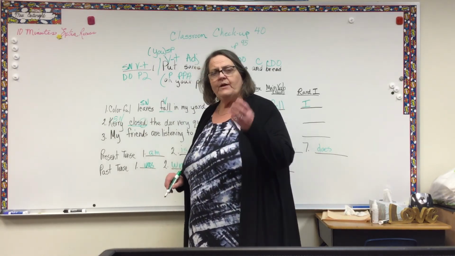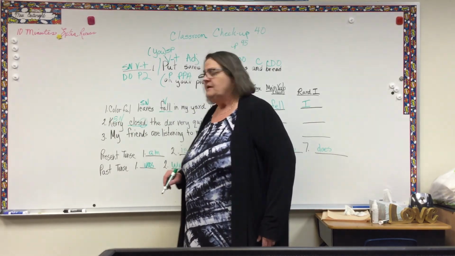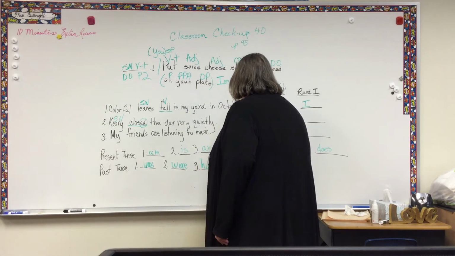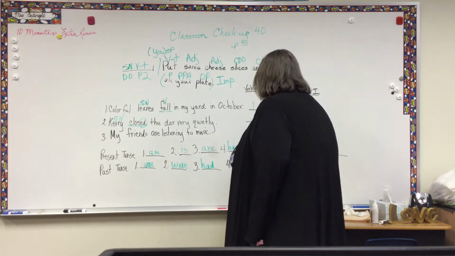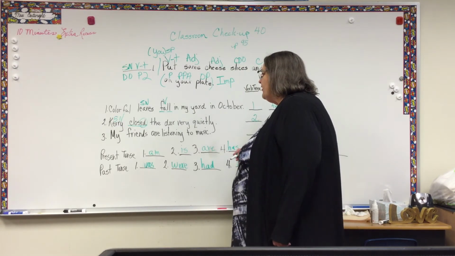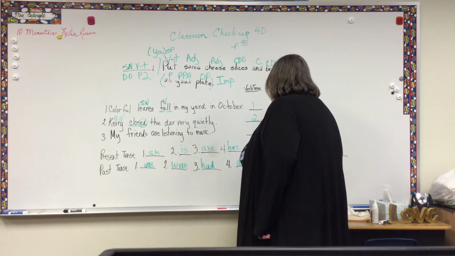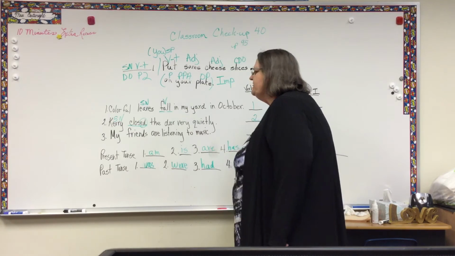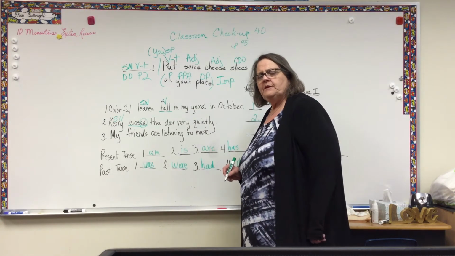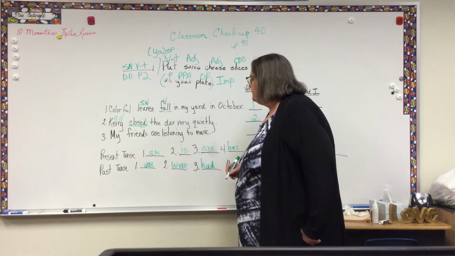So that tells us right away that's past tense. So I'll put 2 over here because number 2 is past tense. And what is the past tense of the main verb? Well, it's just like it's written. Closed. Has ed on the end of it, so it's regular. Anything with ed on the end is a regular verb, showing the past tense.